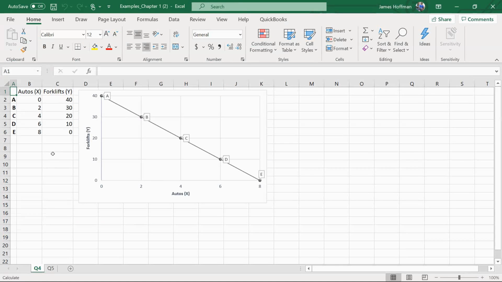This is question 4 that we're looking at now, and you can see that I put in all the points from the problem. Point A is 0 autos and 40 forklifts. Point B is 2 autos and 30 forklifts, and you can just tell Excel to plot the points.